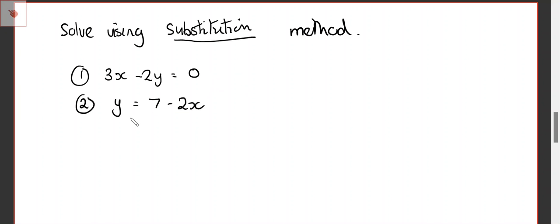Therefore, if I know that y, what does the equal sign mean? It's equivalent, same value, means the same thing, just looks different, right? So that means anywhere there's a y, I can replace it with 7 minus 2x. Equally, anywhere there's a 0, I could replace it with 3x minus 2y.